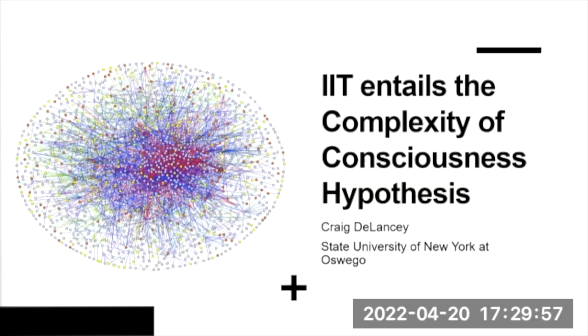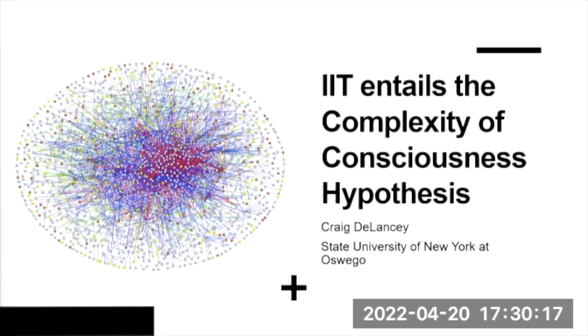So I'm going to defend this claim that IIT entails the complexity of consciousness hypothesis. And why does that matter? Well, I'm going to explain it to you tonight, the complexity of consciousness hypothesis. It comes with a set of tools or implications or corollaries, which I think are useful.